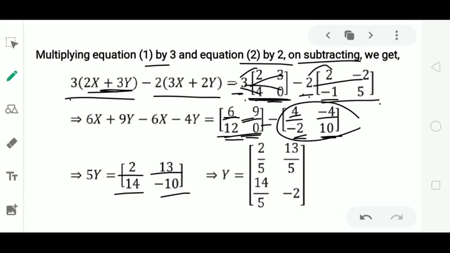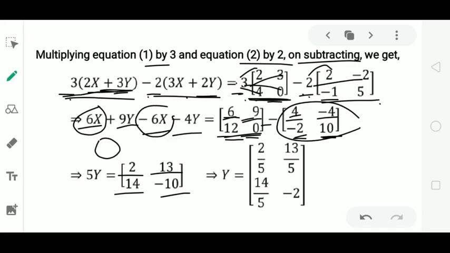Now observe the LHS. 3 into 2x is 6x. 3 into 3y is 9y. Minus 2 into 3x is minus 6x. Minus 2 into 2y is minus 4y. Here 6x and minus 6x get cancelled and it will be a 0 matrix.